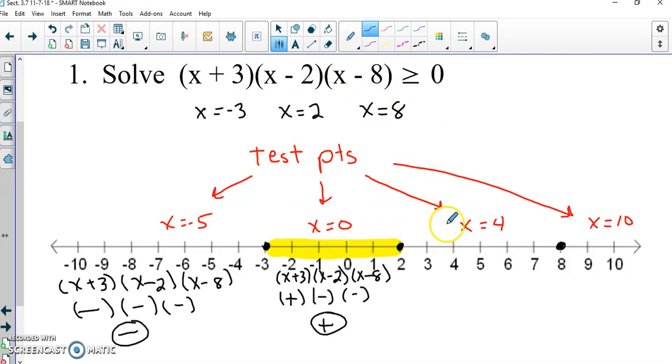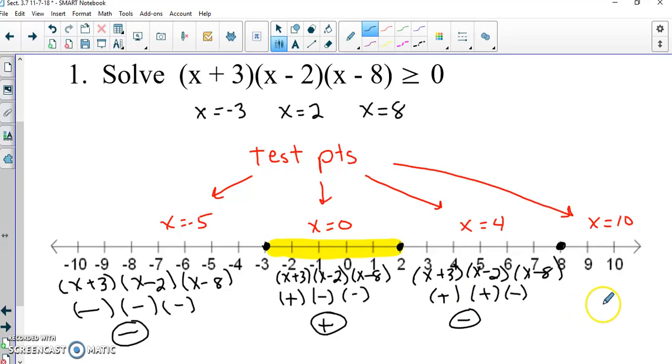All right, plug in 4 into (x plus 3)(x minus 2)(x minus 8). 4 plus 3 is positive. 4 minus 2 is positive, but 4 minus 8 is negative. I end up with a negative, so it doesn't work. And now here, running out of room, 10 plus 3 is positive. 10 minus 2 is 8, which is positive, and 10 minus 8 is positive.